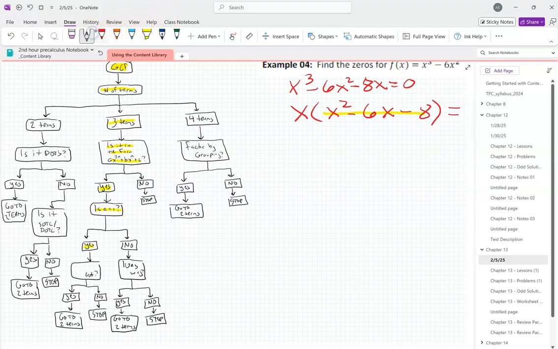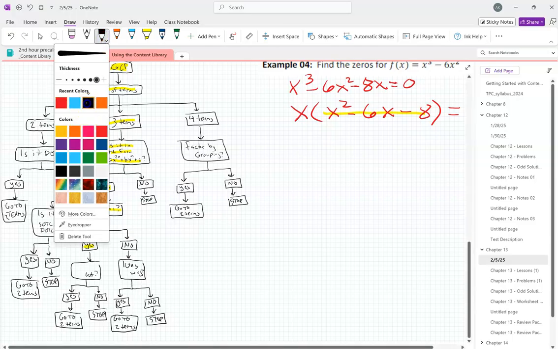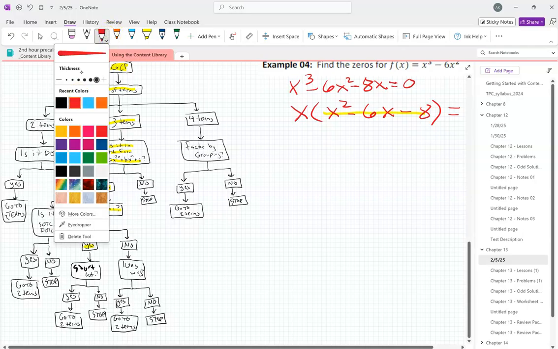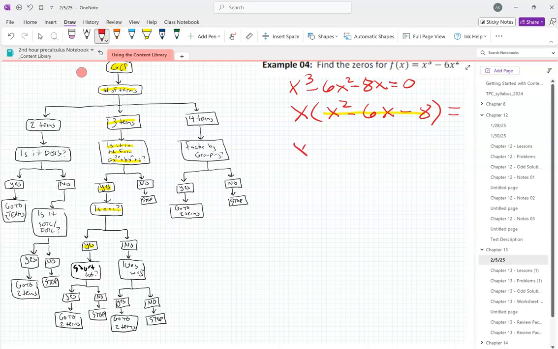Oh, what happened there? So we can use the shortcut here. What I'm going to ask myself is, what 2 numbers multiply to give me -8, and then add to give me -6?